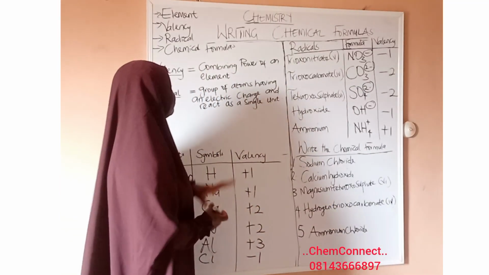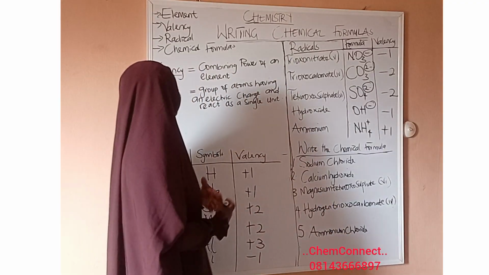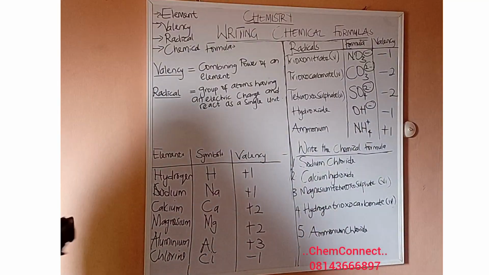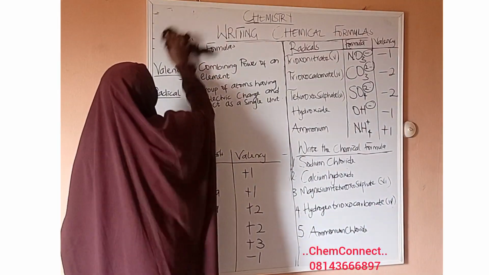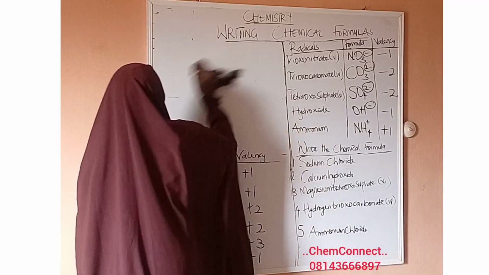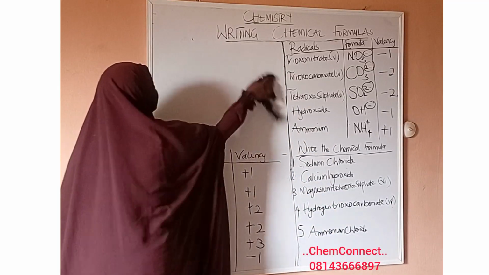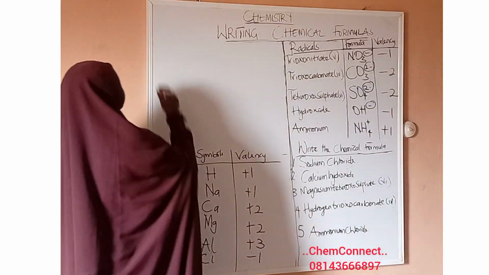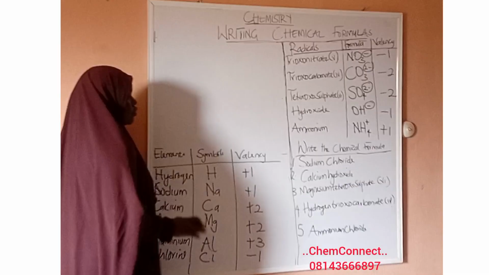Let's get started on writing the chemical formula for this. Alright, so I'll have to rub this off so that I will have space to write out the chemical formula of these compounds. 1, we have sodium chloride.